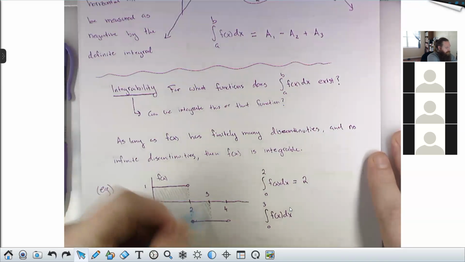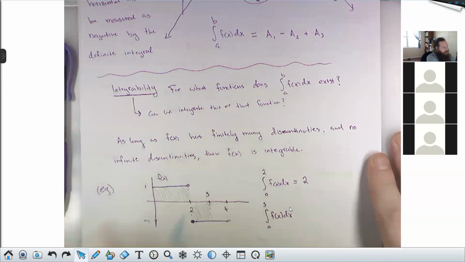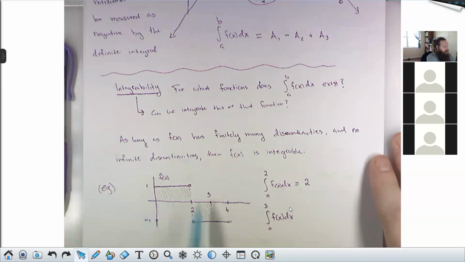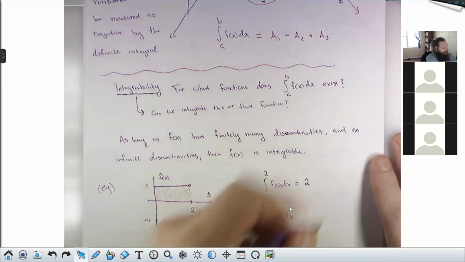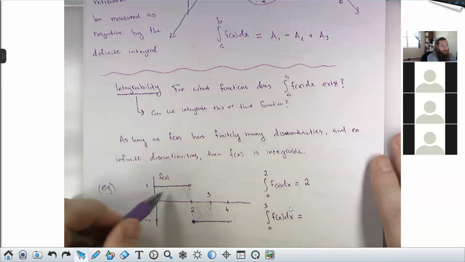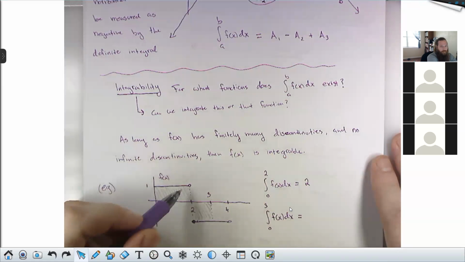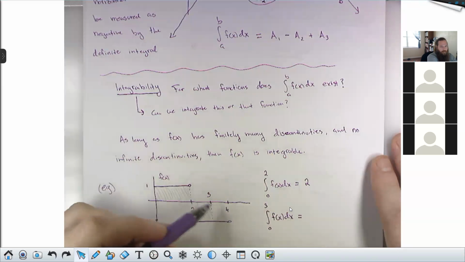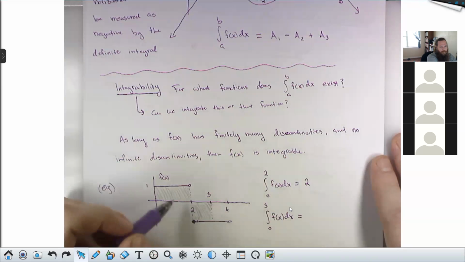So what would be the integral from 0 to 3, from over here all the way to over here? Well, it would be equal to 2, which is this. But then there's also this down here. This would be measured as having area 2.